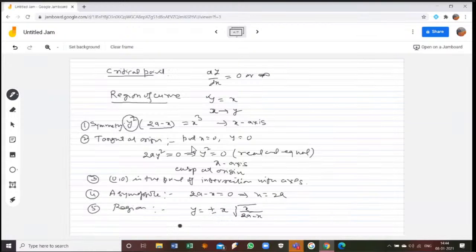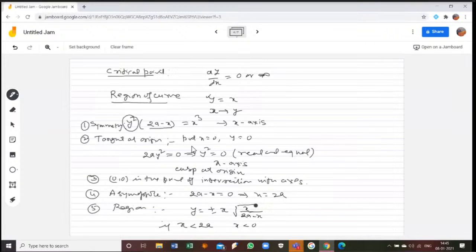So you will find that if x is less than 2a, then you will find this value as real. And again, if you take x less than 0, it will be positive, but here you see this will become negative.